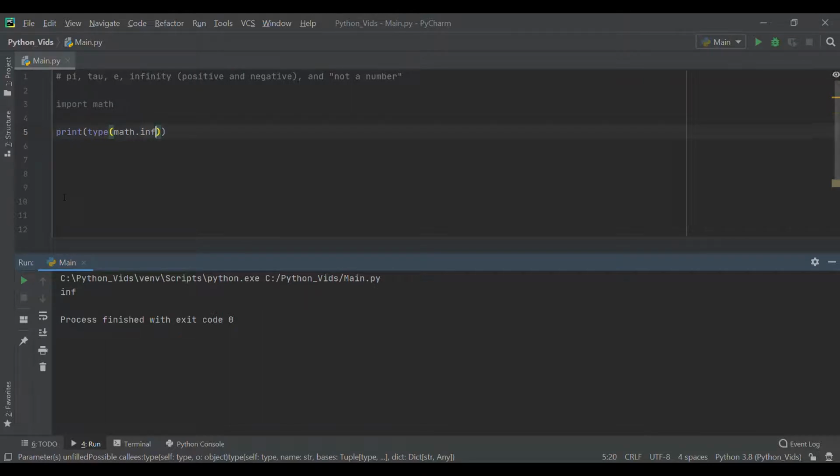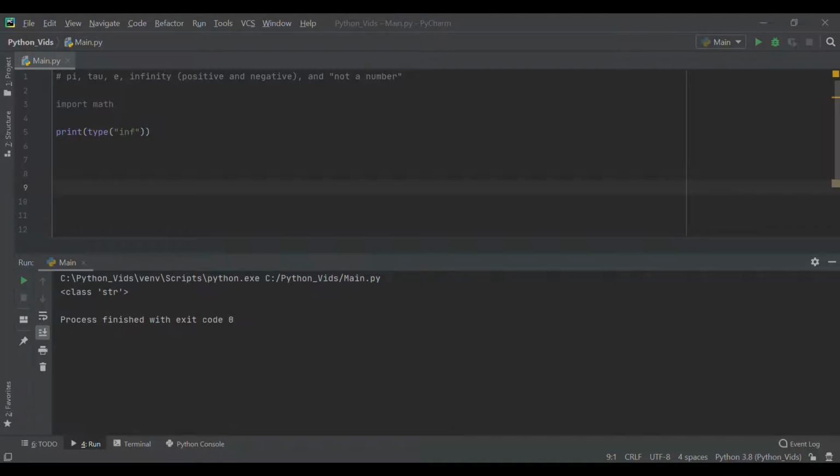And what we will see is that it's actually a float value and not a string, versus if we were just doing the previous example where it's inf, well, that is a string. And so it's a different type of value, but maybe it's not so different.